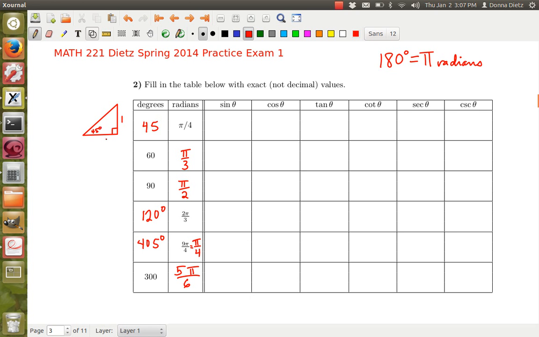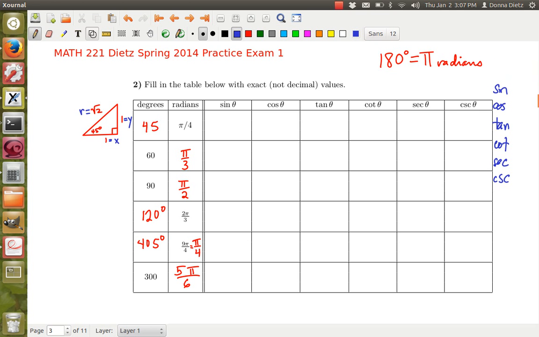And so your triangle is going to look like this. And so this is y, this is x, and this is r. And we should remember sine, cosine, tangent, cotangent, secant, cosecant. And if you do SOHCAHTOA, that's what you do. Same thing.